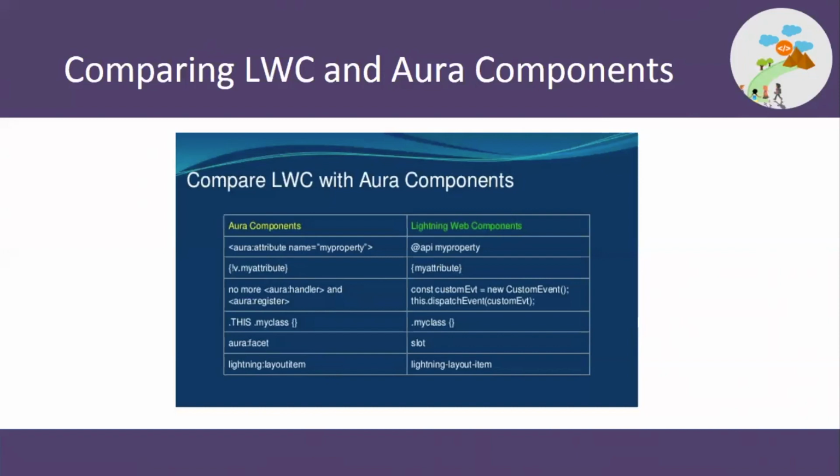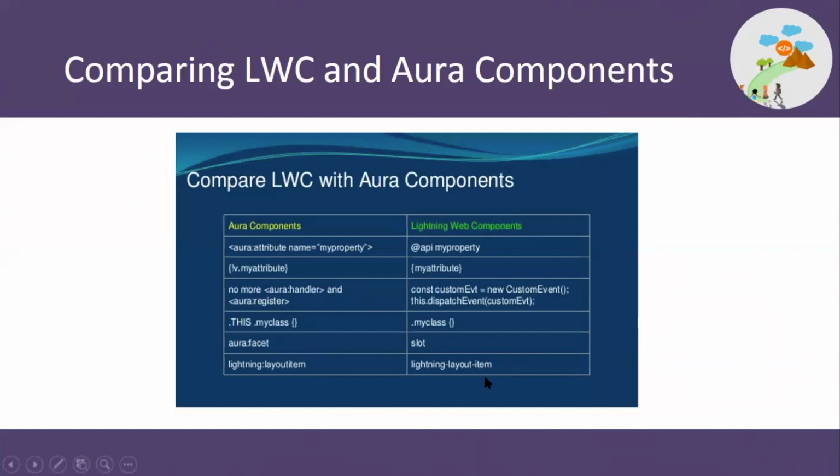You don't really need Aura handlers and registers, because you can directly have custom events, and what you're essentially doing is writing classes. These classes are capable of returning promises, which means that you can do a lot of method chaining, and implementation becomes way easier, right? Handling responses becomes way easier.